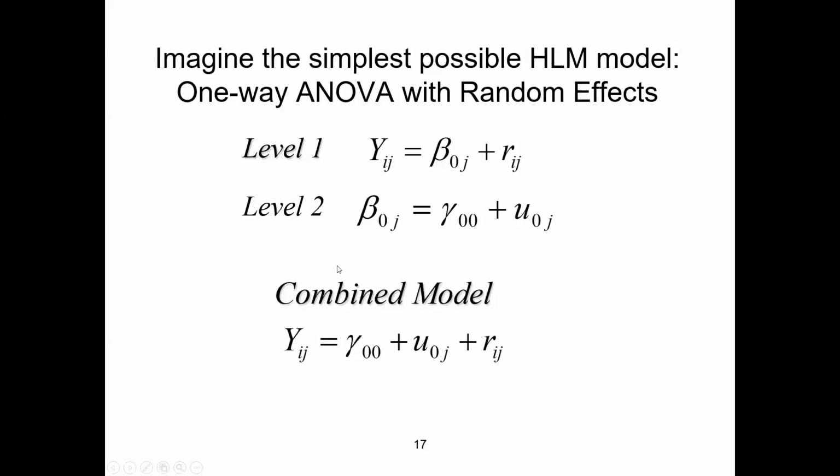The combined model says y sub ij is a function of gamma not, the overall mean, u sub not j, the deviation of school j from that overall mean, and r sub ij, the deviation of person i from their school j or cluster j mean.